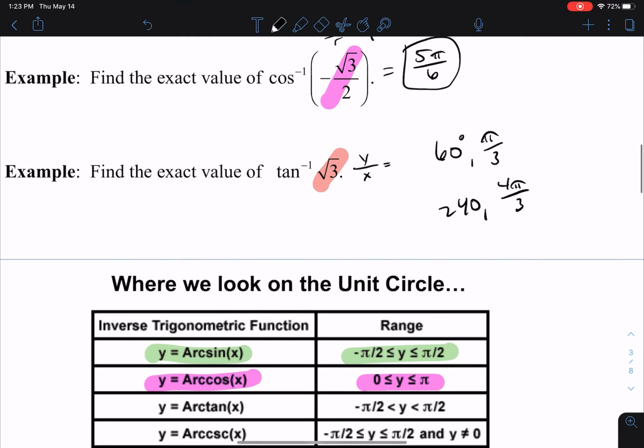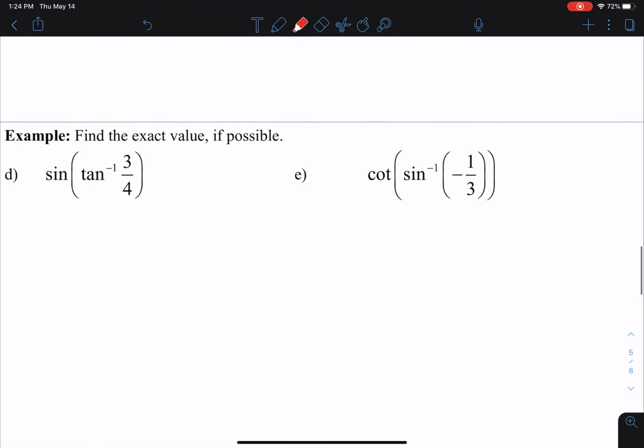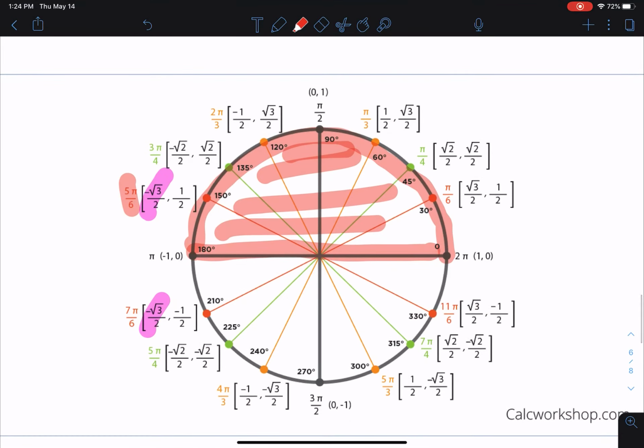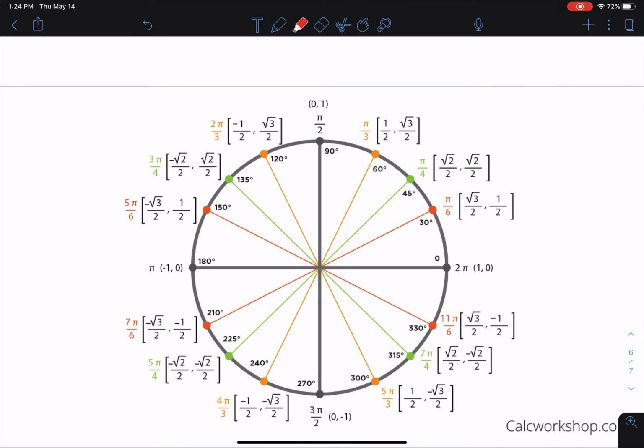Well, let's go to our cheat sheet here. Where are we looking exactly? Well, arc tangent, we only look in the same spot we look for arc sine: negative pi over 2 to positive pi over 2. Okay, so let's go down here again. Negative pi over 2, that's right here, to positive pi over 2, that's right here.